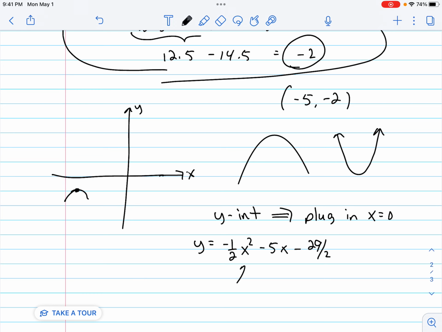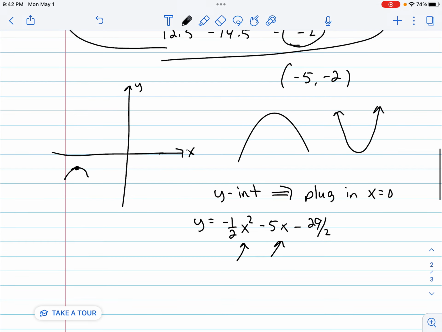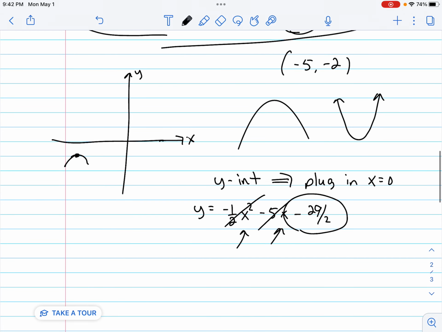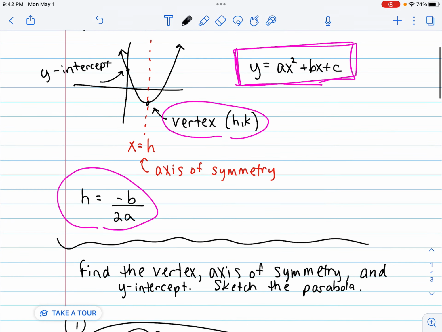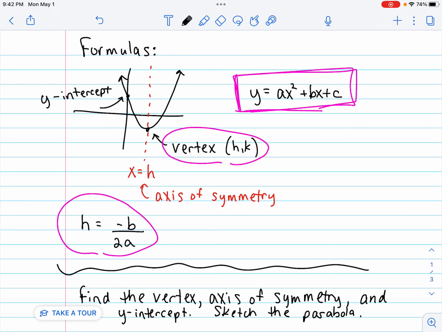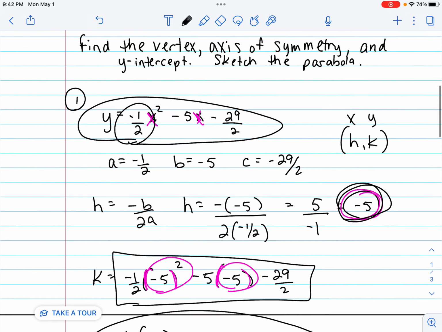So when you plug 0 in there and there, all of that is going to be 0. You're just going to be left with this number at the end. So basically, your y-intercept is always equal to your c. We could put that as one of the formulas. The y-intercept is always equal to c, like that c there.